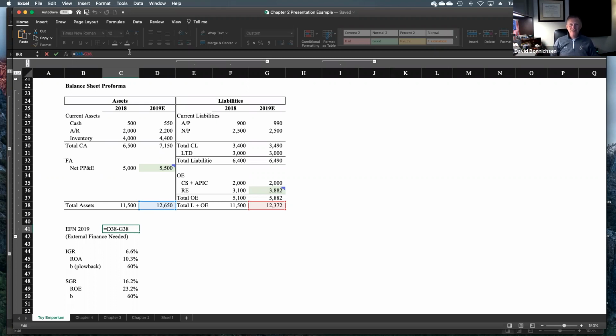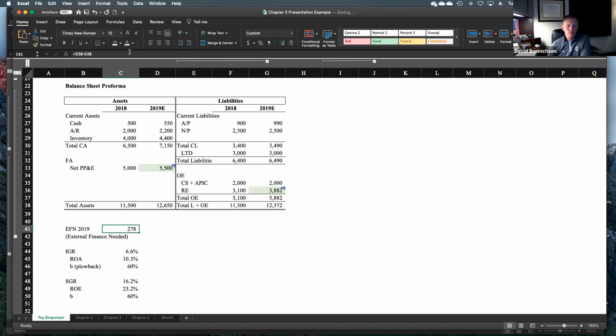It gives management an idea of how much additional financing is required in order to make the balance sheet work. So in this case, there's $278 of external financing that Tasha requires in order to force the balance.